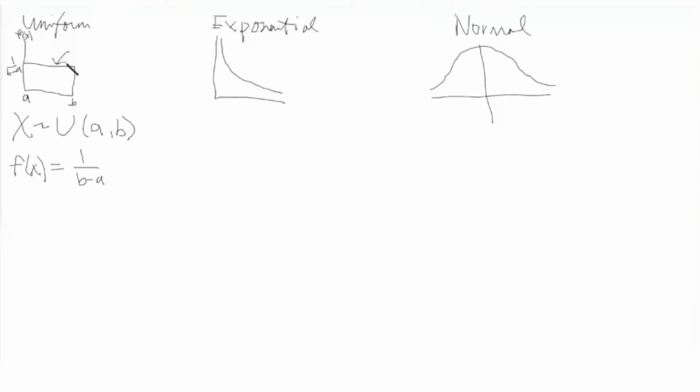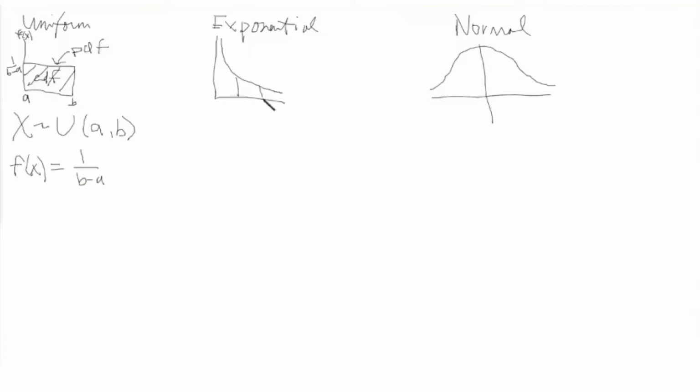The line of your curve for all of these graphs is your PDF, and that's your probability density function. And the area under the curve for all of these is called your CDF, which is your cumulative distribution function. And this is where the probability is going to equal the area under the curve.